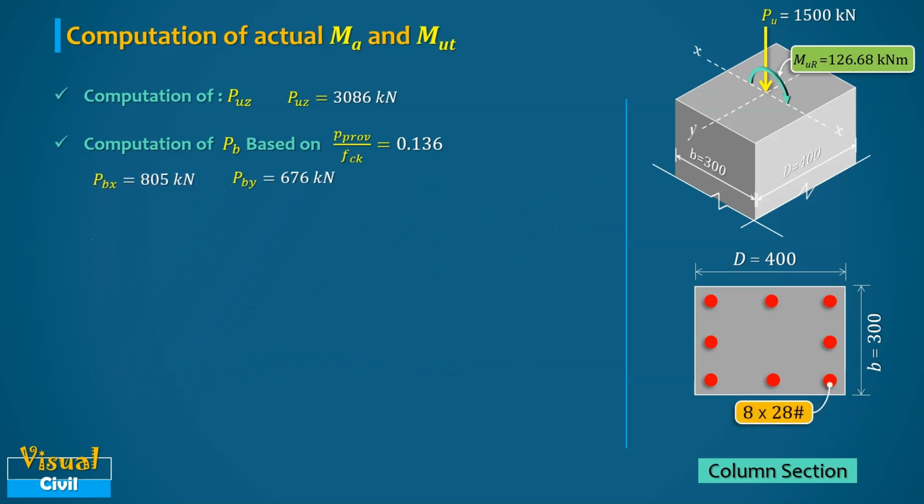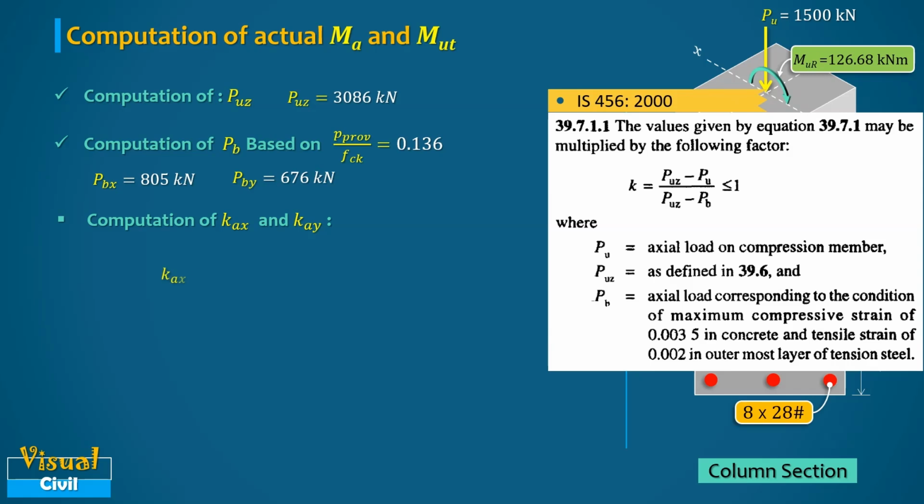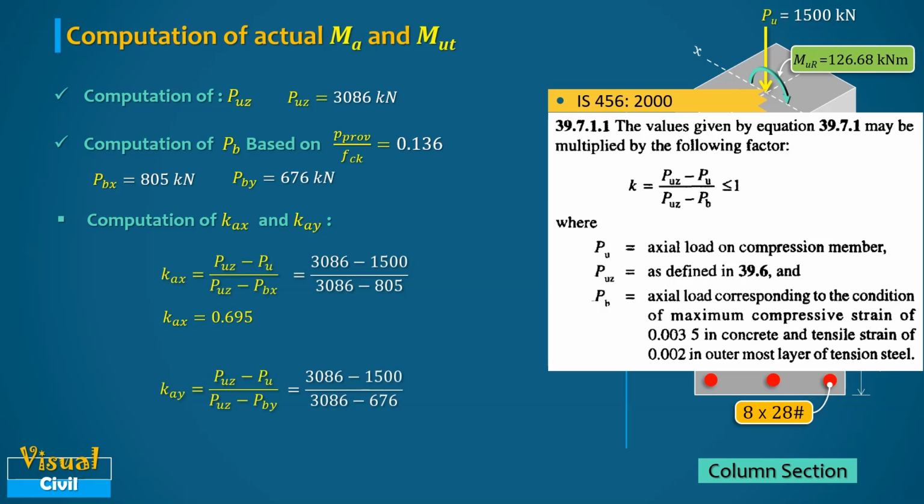After getting the values of Puz and Pb, let us compute the value of k about the x and y axes, that is kax and kay, using the expression in clause 39.7.1.1. After putting the values of Pu, Puz, Pbx and Pby, we get kax and kay equal to 0.695 and 0.658 respectively.